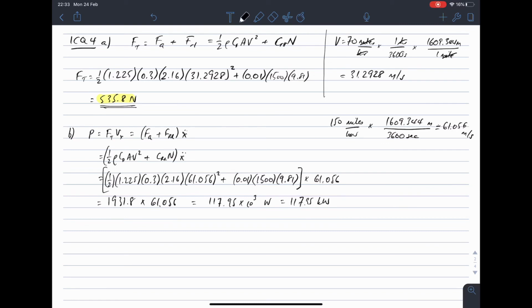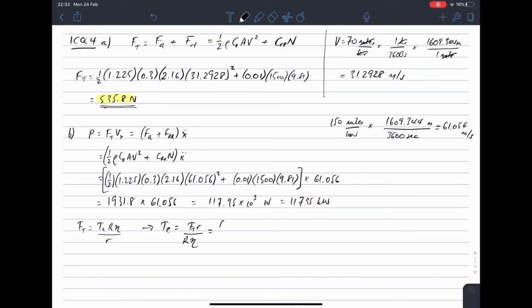Now to get the engine torque, we can use the equation Ft equals the torque from the engine times by the gearbox ratio times by the efficiency divided by the wheel radius. If we rearrange this equation for Te, we get Ft times by the wheel radius divided by the gearbox ratio times by the efficiency.